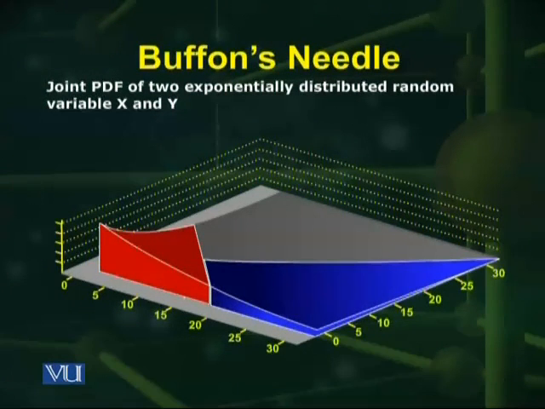The last region of interest is shown in gray color in your slide, and this represents the probability of Y failing later than X, where Y is representing the more reliable TV. So this gray region represents an event where the more reliable TV is going to fail later, and this probability comes out to be approximately 44%.